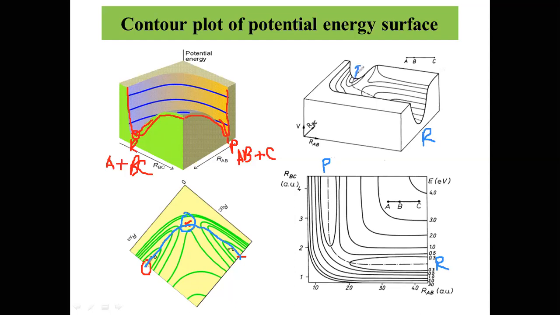Okay, so that means this is the reactant zone, this is the product zone, right? Now if you look at the slicing exactly the way we have done it, you can see that it's not exactly projected like this, but you can think about it like this. If I do slicing here, I'm going to get a curve like this, and of course, at the same height on the other side, I'm going to get a curve like this one.